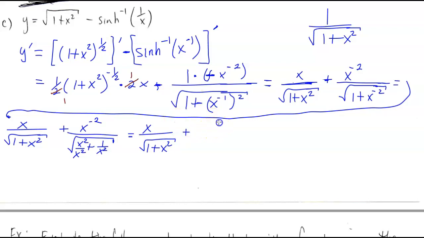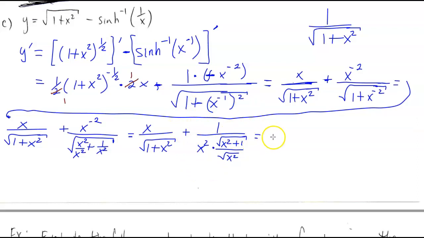I'm going to go ahead and move this x raised to the negative 2 down to the bottom here. And I also note that I am going to have this times square root of x squared plus 1 over square root of x squared. Okay.